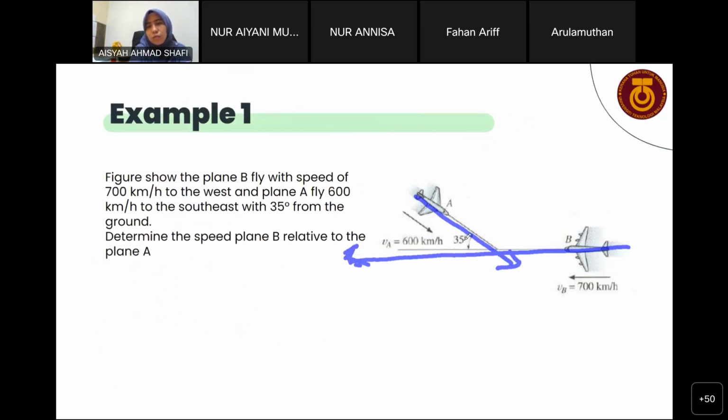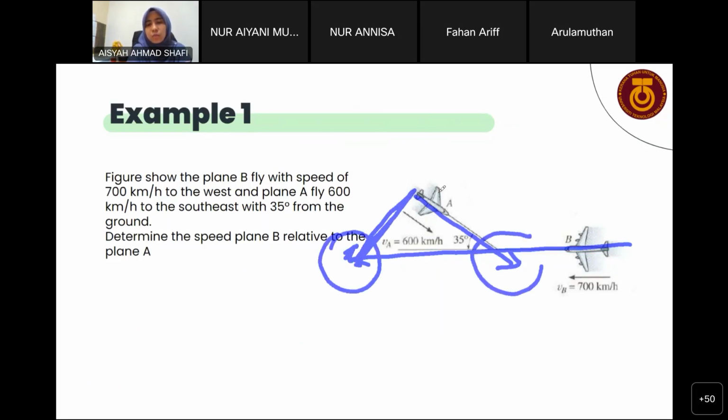So if you want to solve using trigonometry, you cannot just continue this point to this point, because the arrow does not start from the same point.